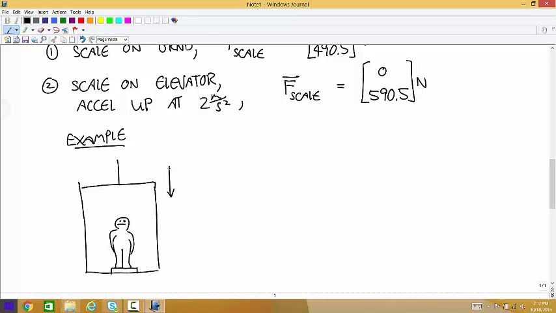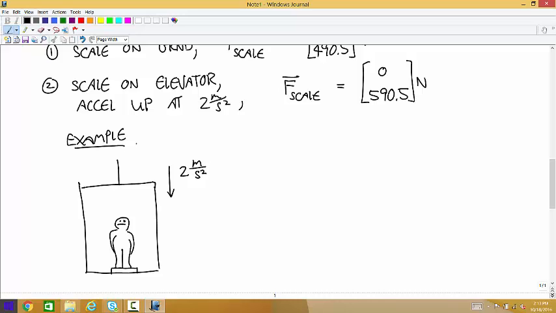Okay, so this time it's accelerating downwards at 2 meters per second squared. Here's a funny thing. Is the scale moving up or moving down? Not necessarily. Remember, it's moving in the direction of the velocity, and the acceleration and the velocity don't have to be the same.